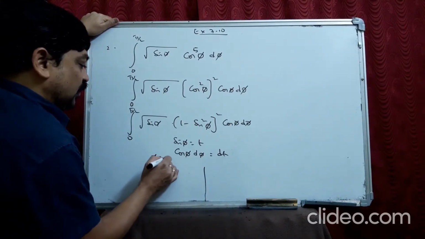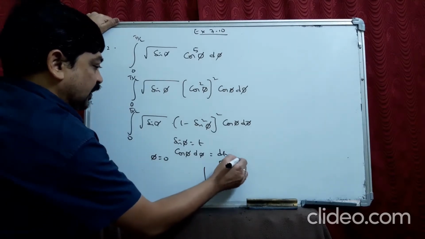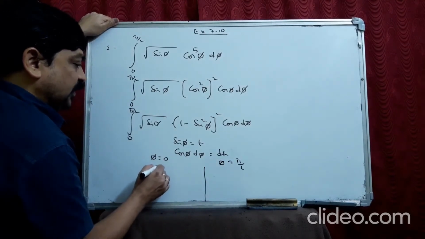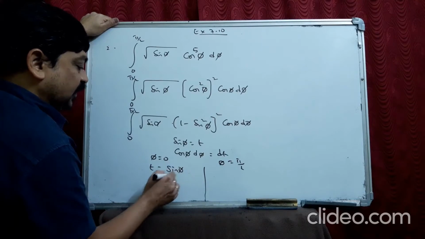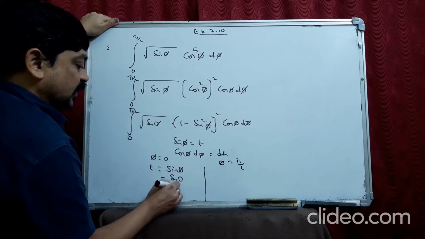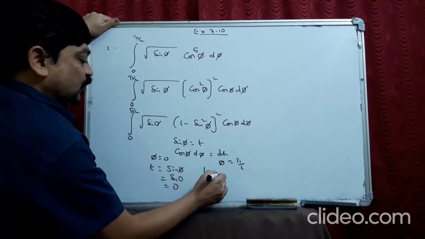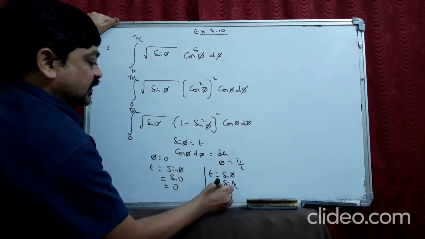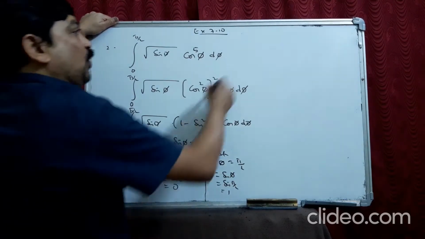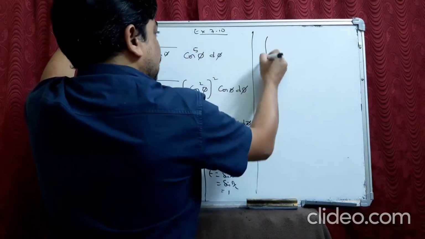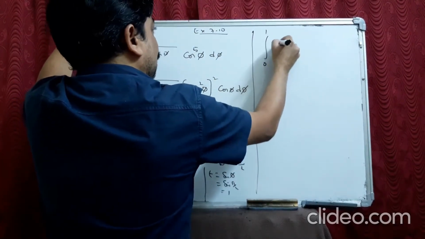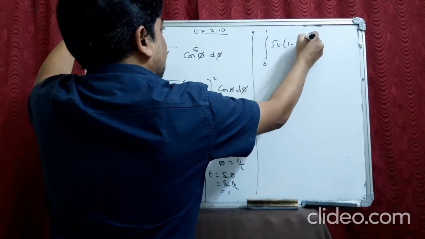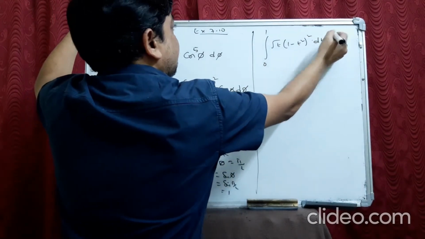When phi is equal to 0, when phi is equal to 90, what happens to t? t equal to sine phi, so sine 0 is 0. Sine 90 is 1. Now the whole problem converts like 0 to 1, root t, 1 minus t square whole square, dt.